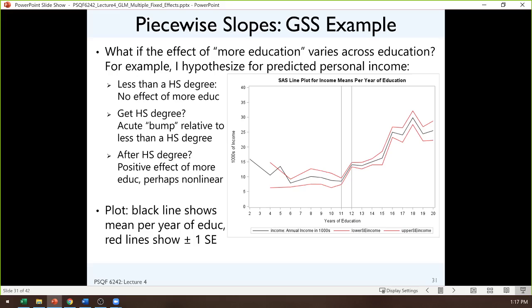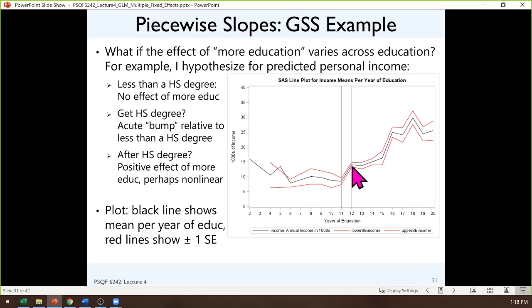It's not the same going from 9th grade to 10th grade as it is going from 11th grade to 12th grade. 9 to 10 doesn't get you another degree, but 11 to 12 does. And so the acute jump that you can see here from 11 to 12, 1 year of education at that point on the variable means more than 1 more year of education previous to that.